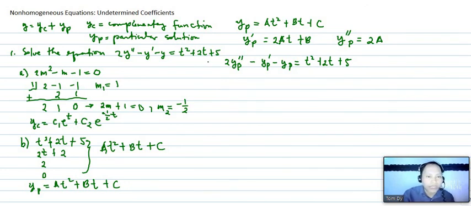So let's say this is our step C. So 2 times, instead of writing y double prime p, we will make use of its equivalent, which is 2a. So we have here 2a minus y sub p prime, the first derivative, that is 2at plus b.